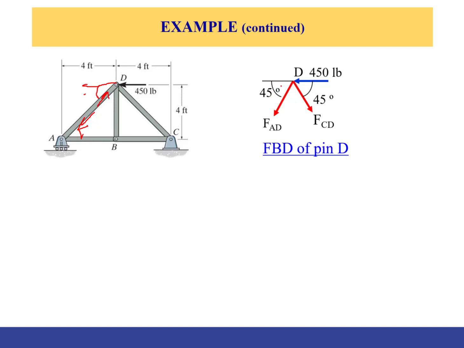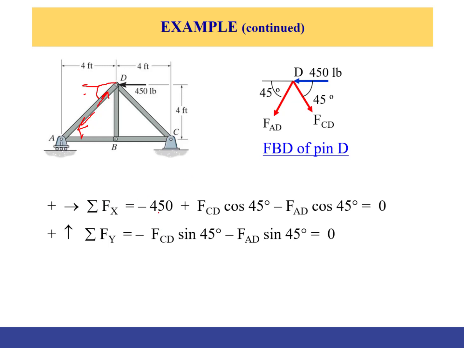Now once you draw the free body diagram of joint D, you will have two unknowns, and you can apply the equations of equilibrium in X and Y. So let's take a look at X, assuming that the X direction is to the right. This is our X, and this is our Y, positive to the right, and this is positive.